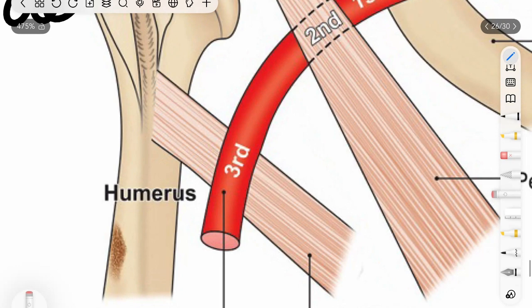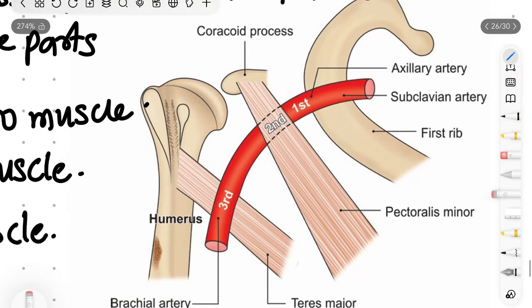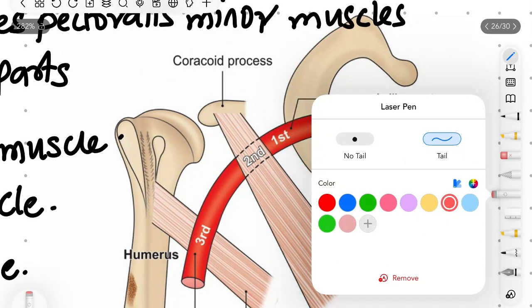This is the teres major muscle. It has two borders, this is the upper border and this is the lower border. So axillary artery extends till here, to the lower border of teres major muscle. So what can we write? The axillary artery extension is from outer border of first rib to lower border of teres major muscle.